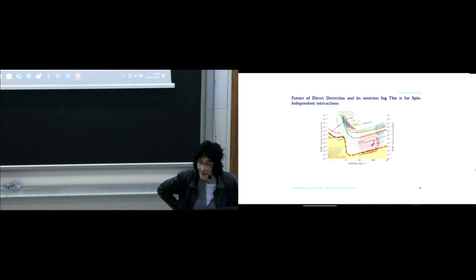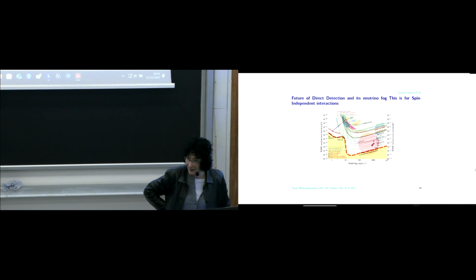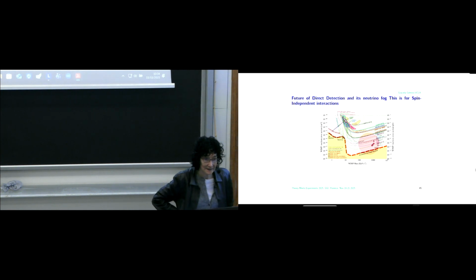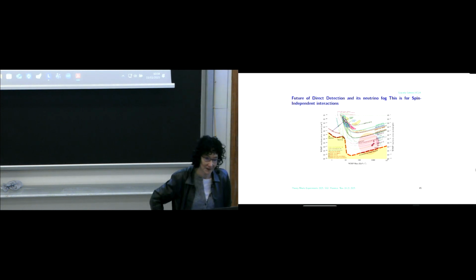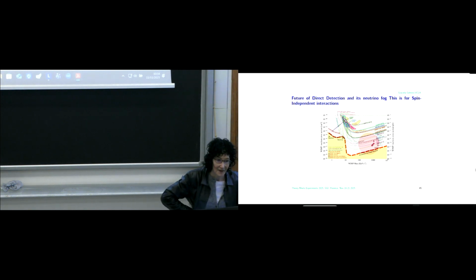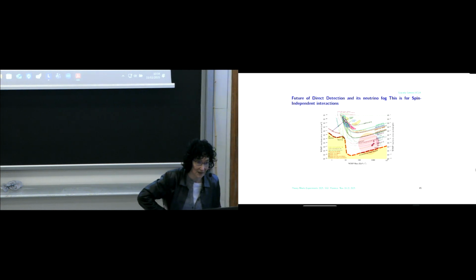Huh. Yes. For example, like here, that before we see something. You may in different ways. Once you have a signal, you should have a signal in more than one experiment, or at least, but there are some that are actually clever, and in the same experiment they have different targets, very different targets, like CRESST, for example, that has several.